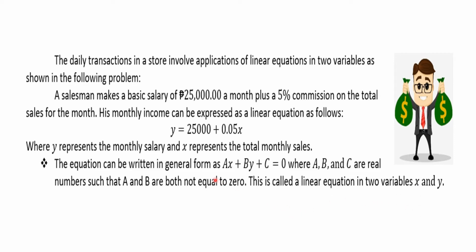So again, when we say linear equations in two variables, we are involving two letters, x and y. But in algebraic expressions, we are not using letters, but rather variables. So we have variables x and y, and we are only using two variables.